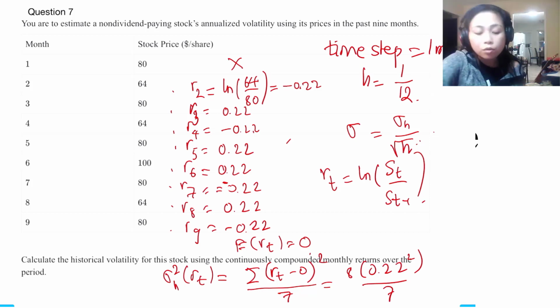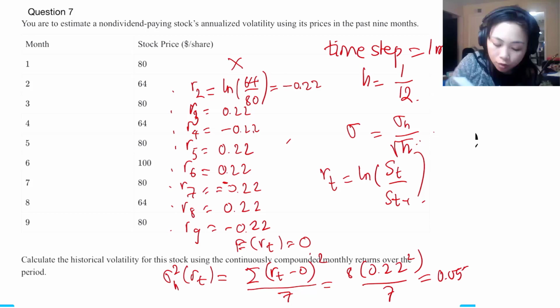Now I'm gonna work on the black color. Okay, so I'm gonna work right here. So we got sigma is equal to sigma h over square root of 1 over 12. So it should be square root of 0.055 over 1 over square root of 12, and it should be square root of 12 times square root of 0.055.